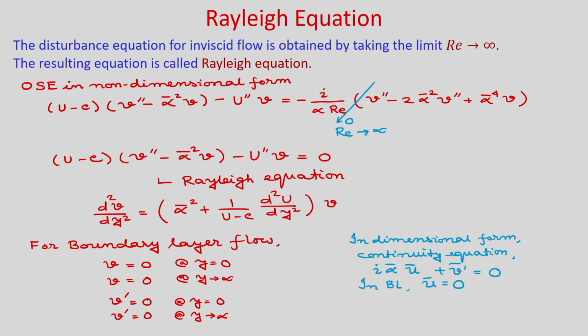In non-dimensional form, v prime will be 0 at y is equal to 0, that means at the wall, and v prime will be 0 at y tends to infinity. So for boundary layer flow we can use these boundary conditions.